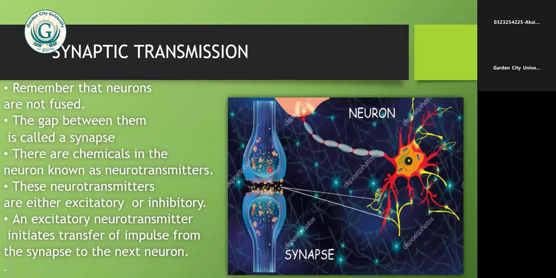So let's assume that when it gets into the terminal part of the neuron, the vesicles will undergo what we call exocytosis. Good. Now, when these vesicles contain excitatory neurotransmitters, these excitatory neurotransmitters would now be released.